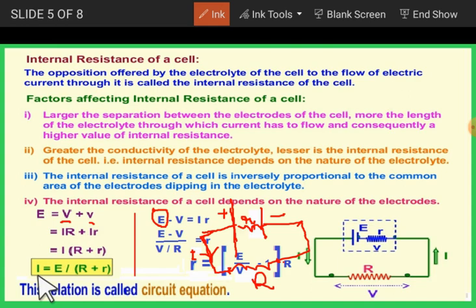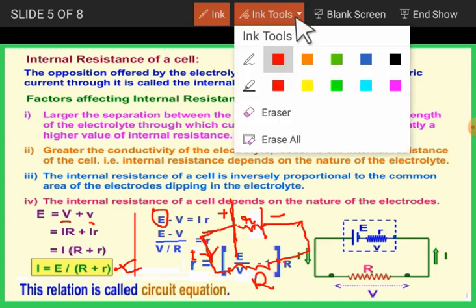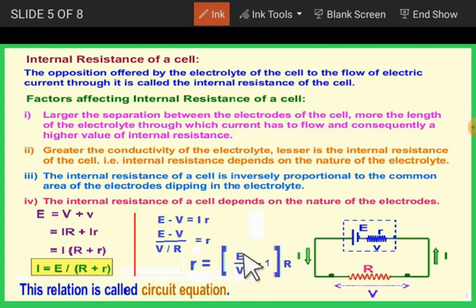So the relation between the current, internal resistance and EMF or the external resistor will be given by this relation. And if you want to relate the internal resistance in terms of EMF and potential difference, then it will be like this.